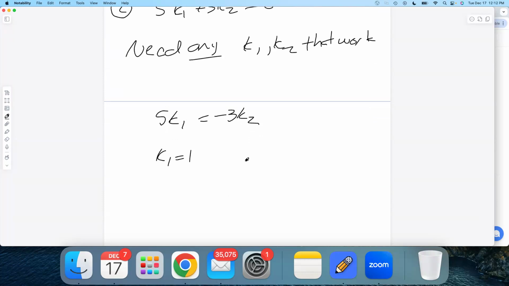If K1 is 1, I would get 5. So K2 then is what? 5/3. Perfectly fine. I got myself an eigenvector. When I learned this, that's the way we would do it. But I don't want to have to deal with those fractions. So what I think works better is swap coefficients.